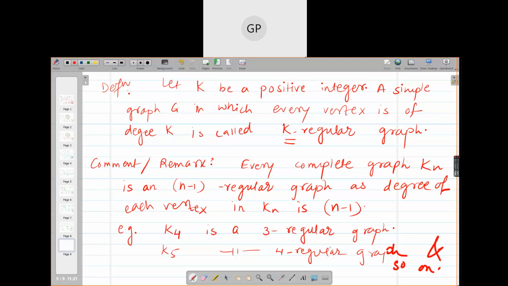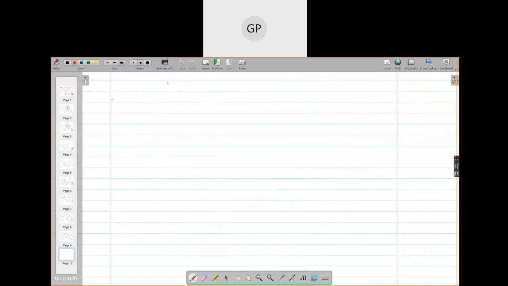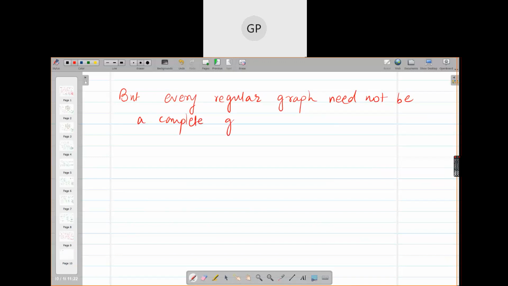Okay. Finished? Have you finished? But every regular graph need not be a complete graph. So for example, I'm drawing here again.